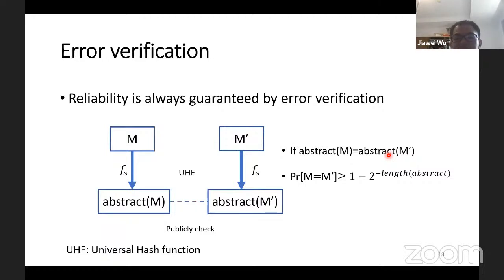Also, our reliability is guaranteed by an error verification process. The error verification is done by applying a universal hash function to our message. Then we get the abstract of our message. And after Bob decodes the message, he also applies this universal hash function, and Bob should compare these two abstracts.